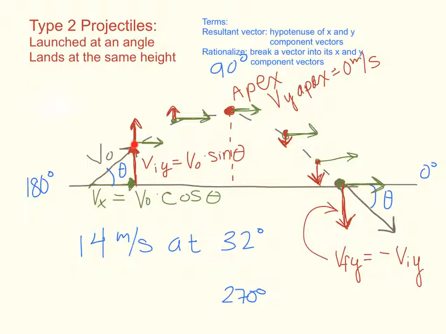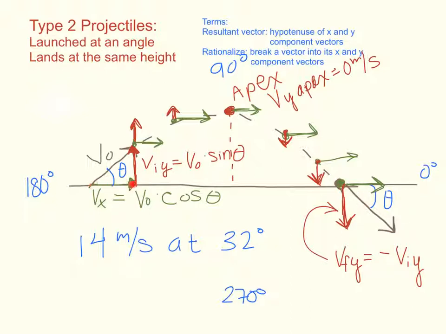So here, that velocity was positive. Here, that velocity is the same size, but it's negative. And theta is the same here and here. That's why this is the same size. We're slowing down for the same amount of time that we're speeding back up. So we get back to the same speed, but in the opposite direction, down now.